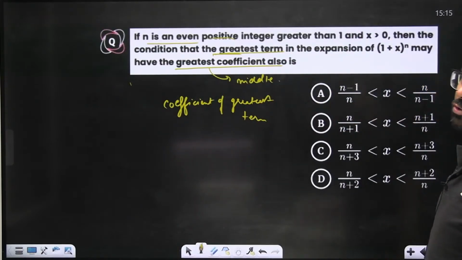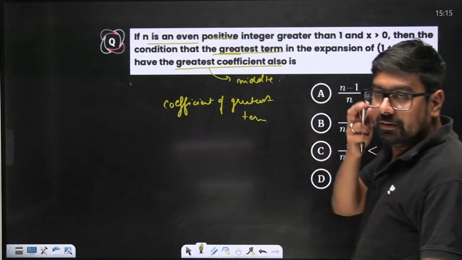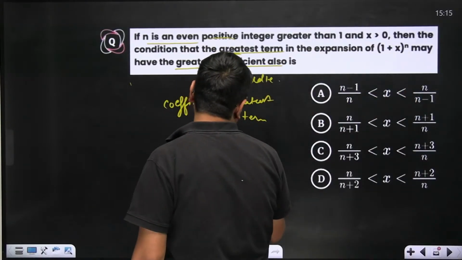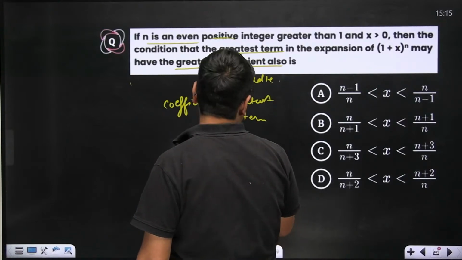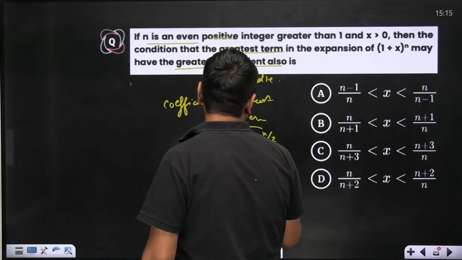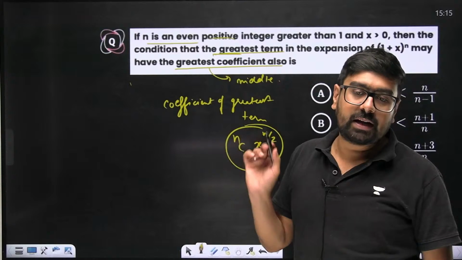So (n+2)/2, that is n/2 plus 1, will be the position of your greatest term, and the greatest coefficient will become nC(n/2), and x to the power will also be n/2. Now this becomes your greatest term.